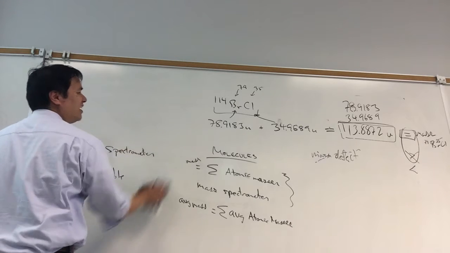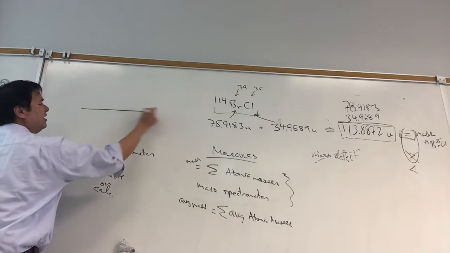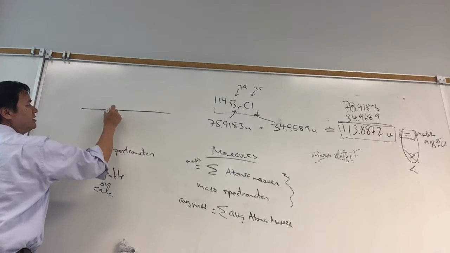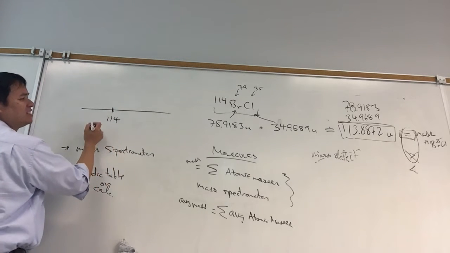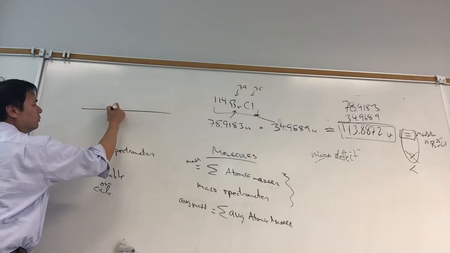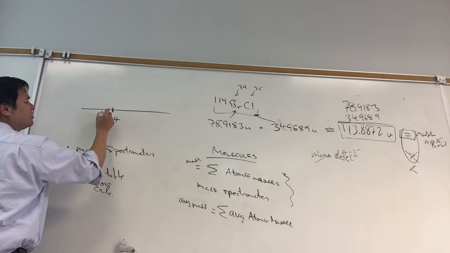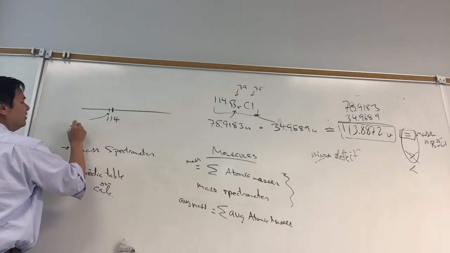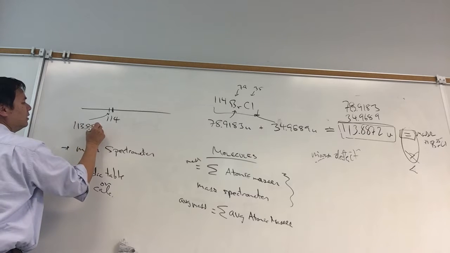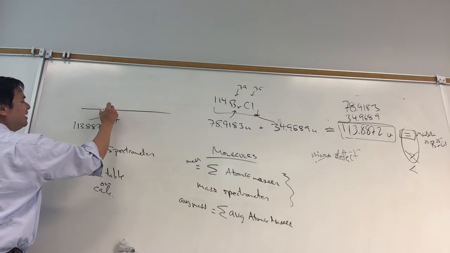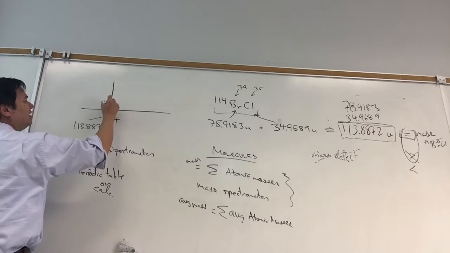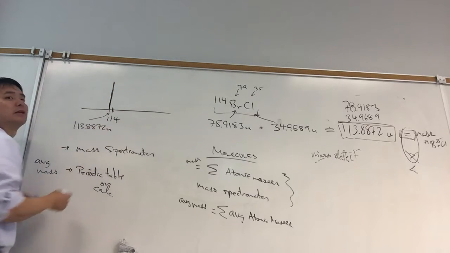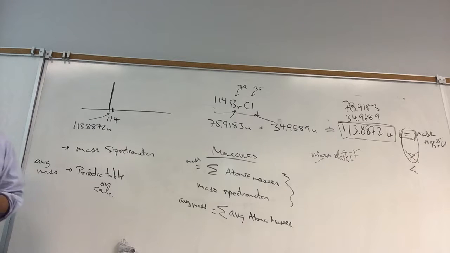The biggest peak in the mass spectrum is going to be around 114, but actually it's going to be 113.8872. I get a peak right here. The height of this peak corresponds to the percent abundance, whatever that was. I forgot the number, 24% or 25%.